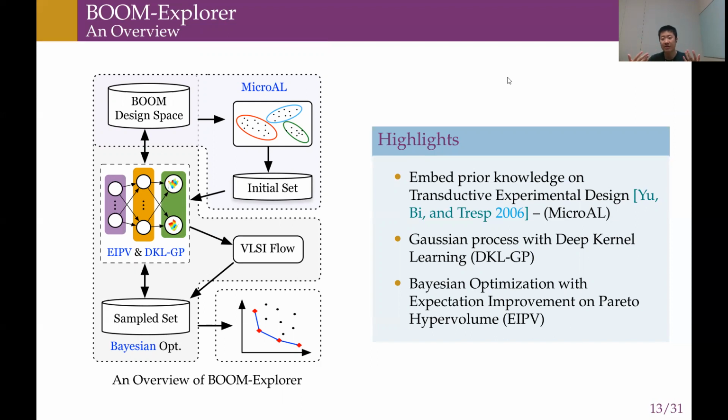And with EIPV to deal with multi-correlated objectives, they can output a good series of microarchitectures that can achieve a good balance between power and performance. Here, correlated multiple objectives means that power and performance are negatively correlated. If we want to increase the performance, the power dissipation will also be increased in normal cases.